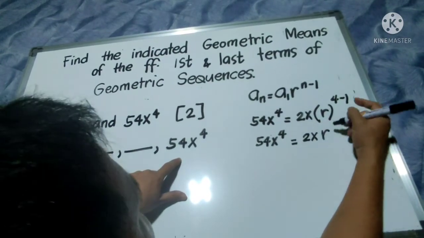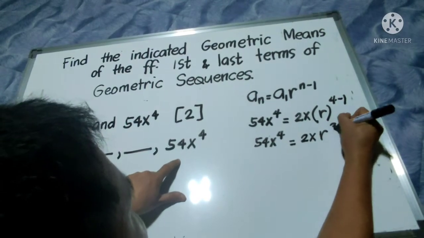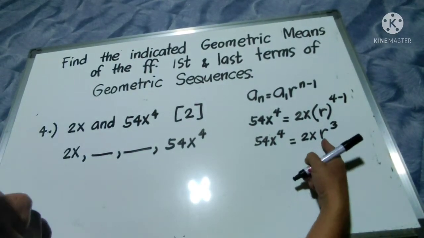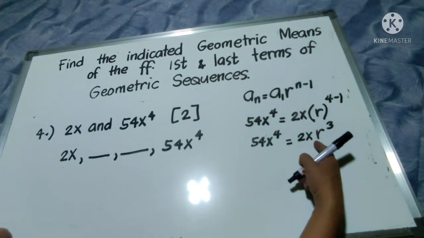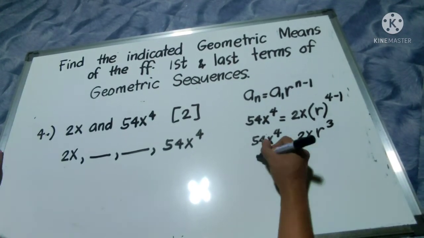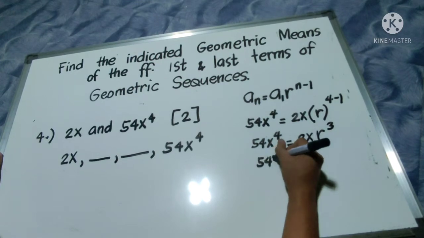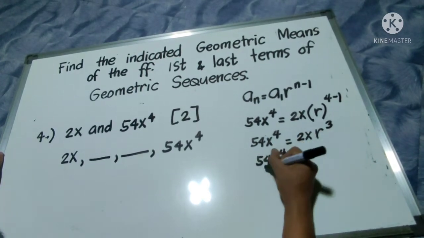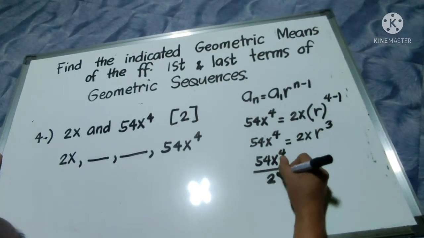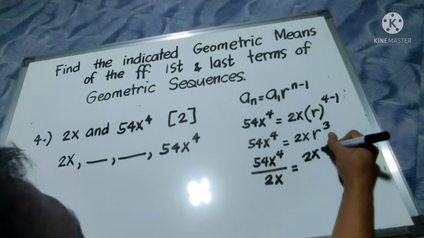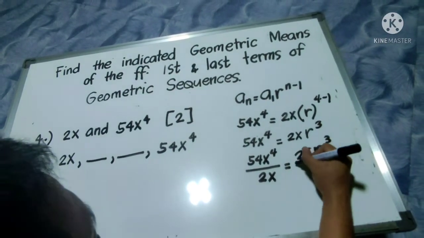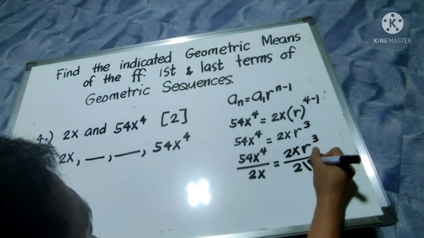R to the exponent of 4 minus 1 is 3. Our target is to get r only. Therefore, we need to remove 2x. Divide both sides by 2x. So 54 x to the exponent of 4 divided by 2x is equal to 2x r cubed over 2x.